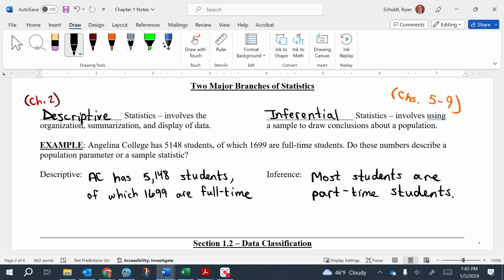That would be an inference that we made from that data. We didn't calculate hard numbers. We just said, looking at the data, the majority of your students are part-time. That's typically how they phrase it.